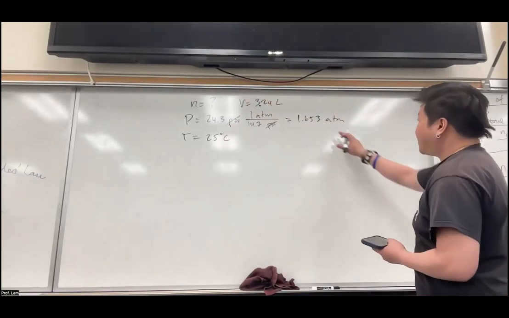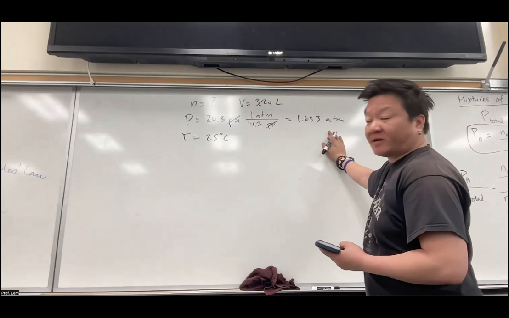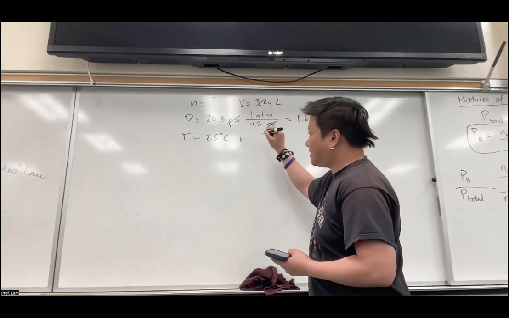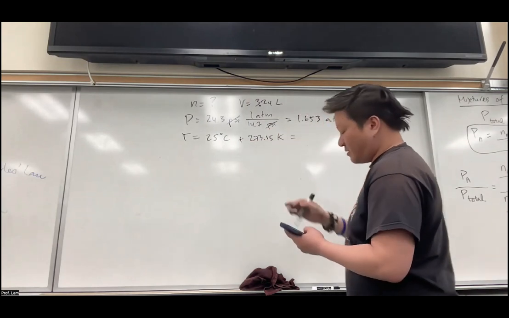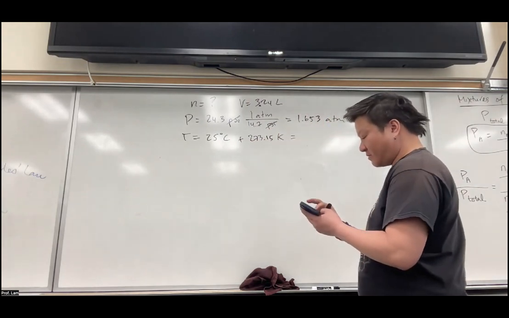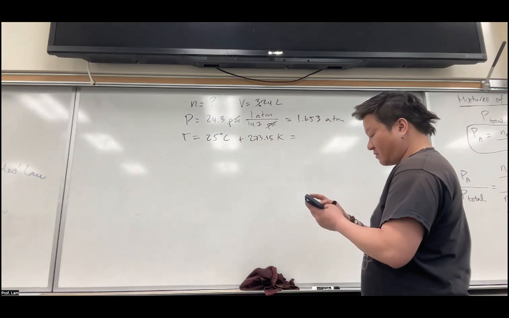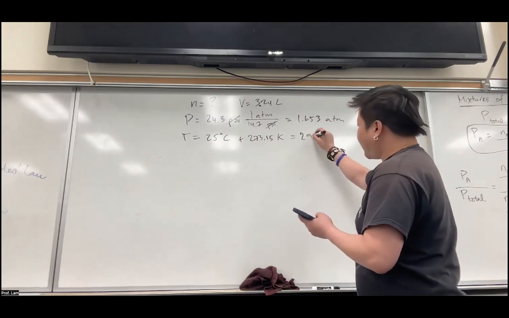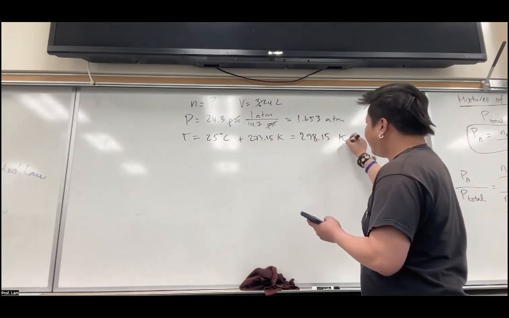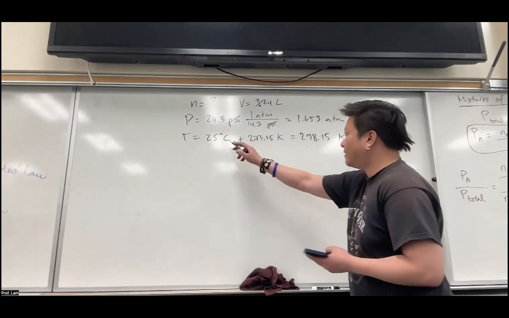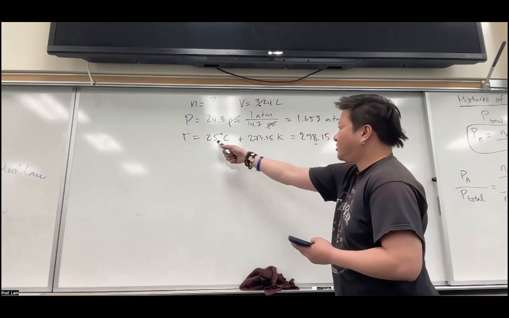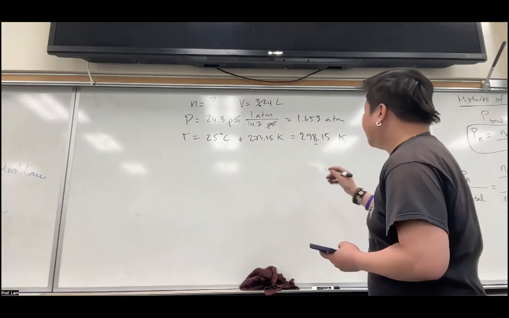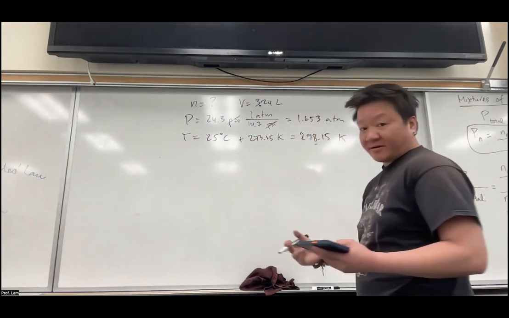Now I'm going to convert to Kelvin. Adding 273.15 gives 298.15 Kelvin. I'm going to underline the 8, because it's the last significant digit, with zero decimal places when you're adding. That way I can keep track of my sig figs.